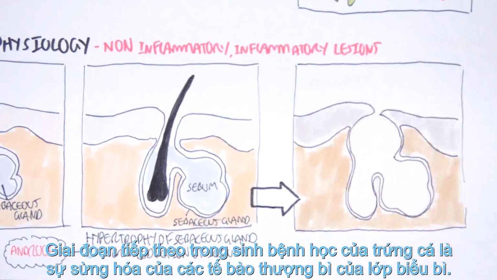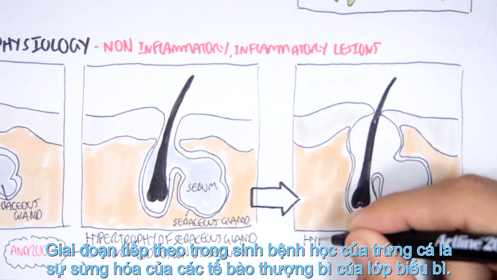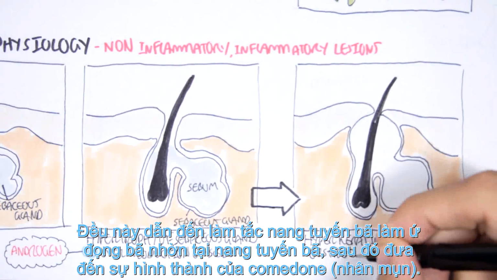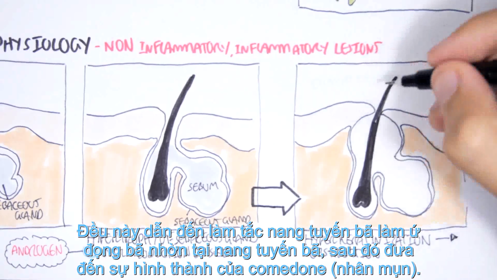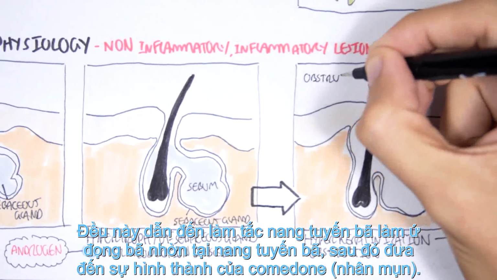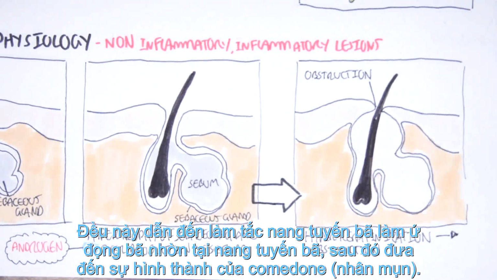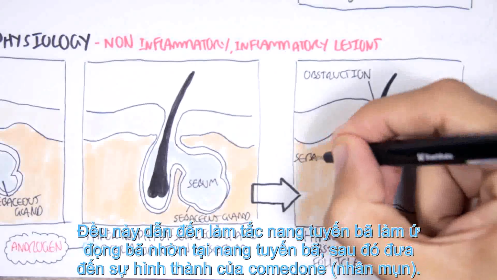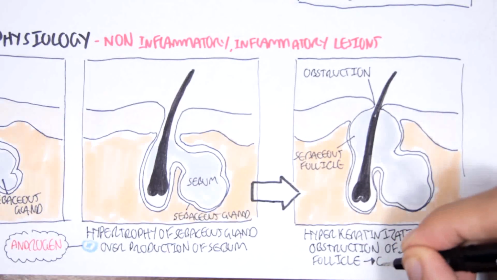The next phase in acne pathogenesis is where there is hyperkeratinization of the epithelial cells in the epidermis, which will lead to the obstruction of the sebaceous follicle. So sebum will accumulate in this area, the sebaceous follicle, and this can lead to the formation of what's called a komedo.